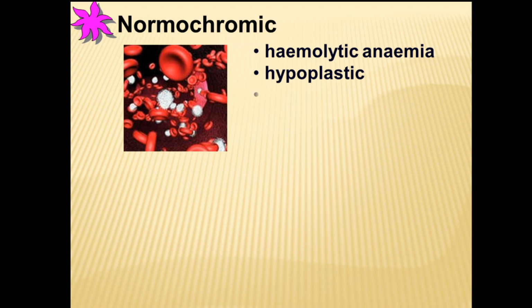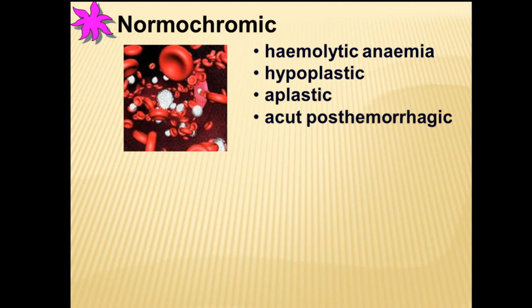Hypoplastic anemia also may be normochromic, such as aplastic anemia, which appears due to decreased activity of bone marrow. Acute posthemorrhagic anemia may be normochromic, and secondary anemia, which appears due to primary chronic long-standing diseases which later involve hematopoiesis in the pathological process.